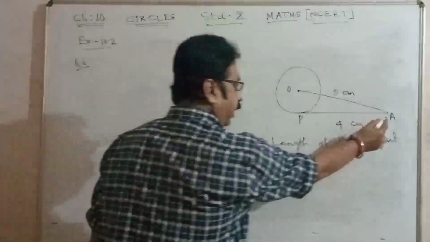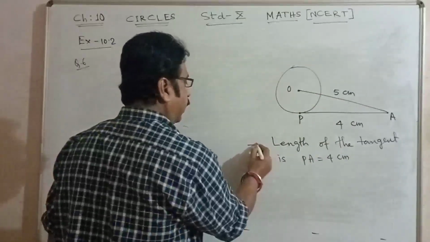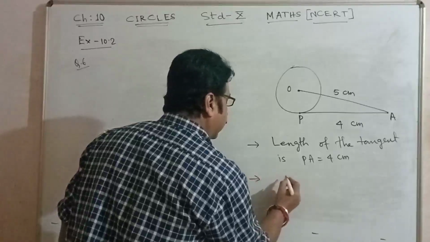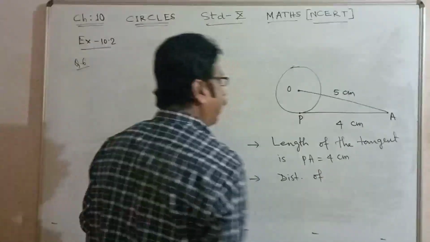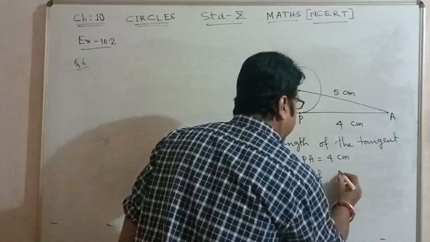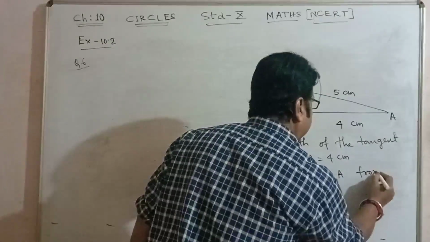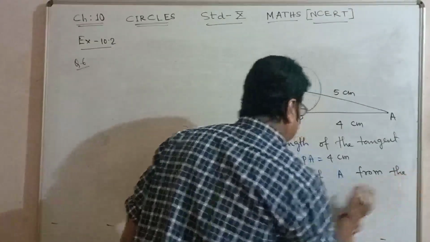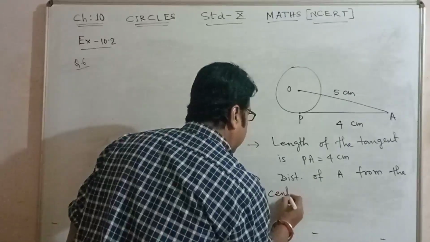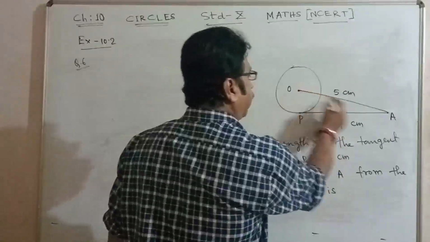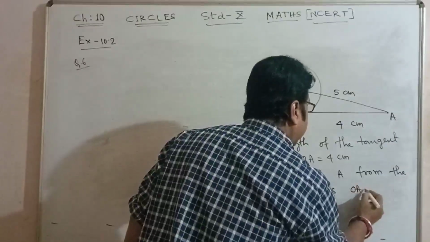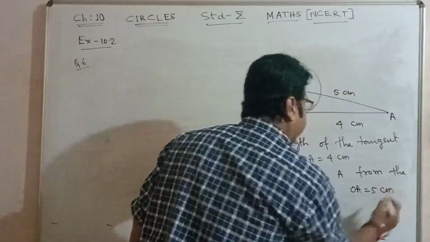Distance of point A from center O is OA equals to 5 centimeter.